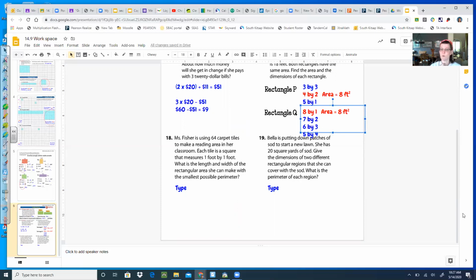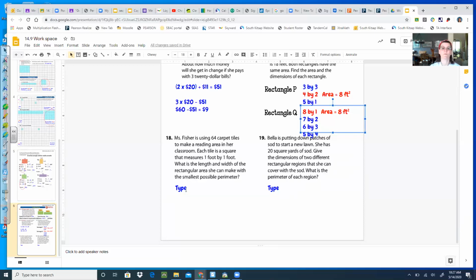Let's see, 1 times 1 is 1, 2 times 2 is 4, 3 times 3 is 9, 4 times 4 is 16, 5 times 5 is 25, 6 times 6 is 36, 7 times 7 is 49, 8 times 8 is 64.